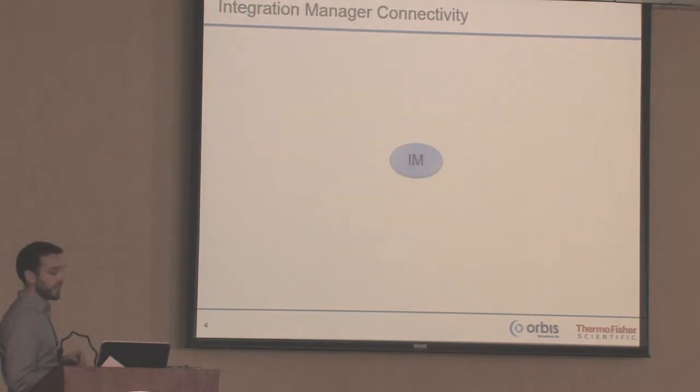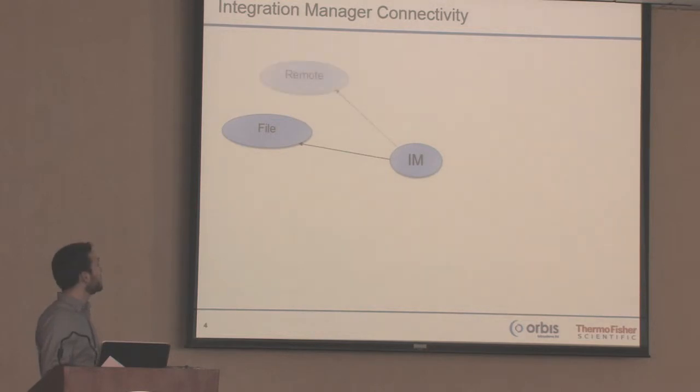So how do we form connections to all these different systems? Well, in the Integration Manager we have what's known as agents. An agent will allow you a specific type of connection. We have a file agent, which will allow you to import and export files from a specific location, perhaps an instrument file, for instance.